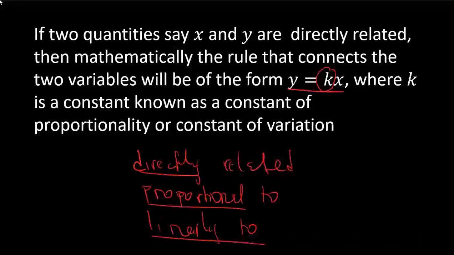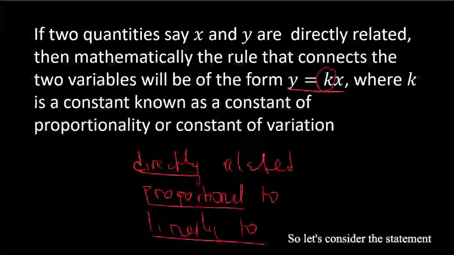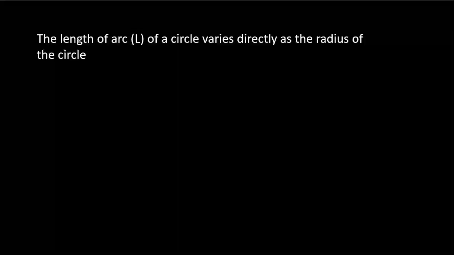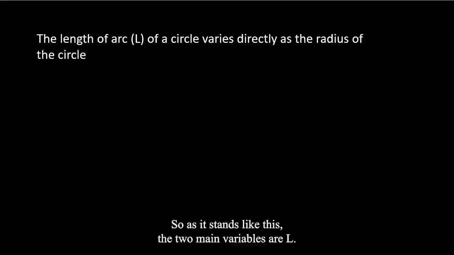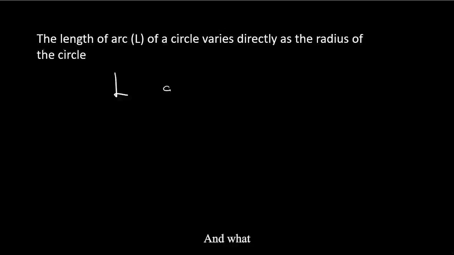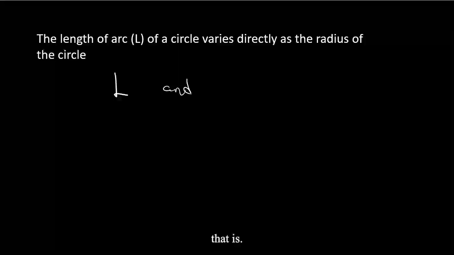So let's consider the statement: the length of arc L of a circle varies directly as the radius of the circle. As it stands, the two main variables are L and R, that is the radius of the circle.